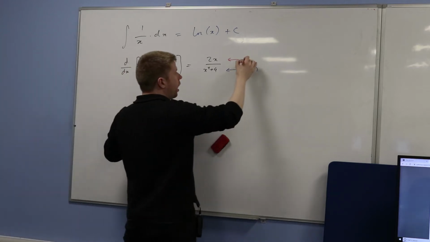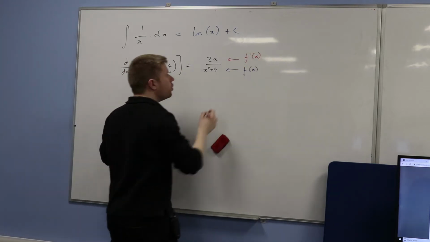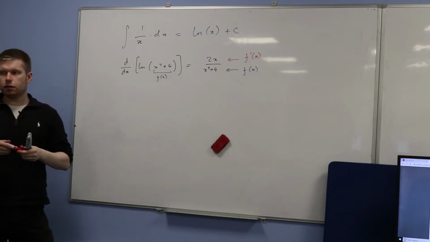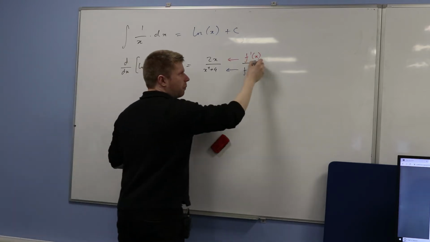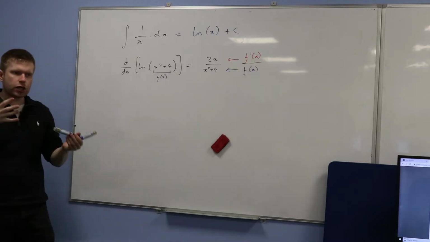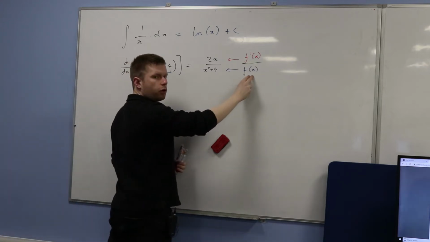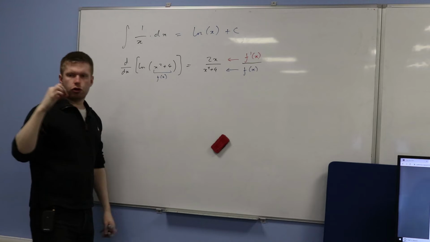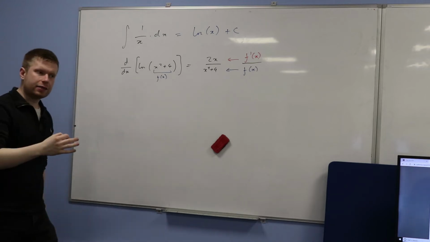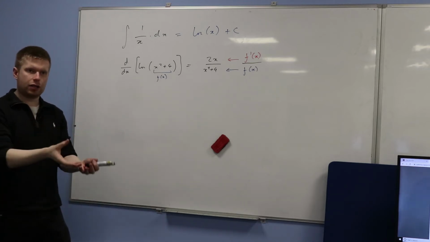Hence it ends up on the numerator. Does that make sense to everyone? So if I differentiate the log of some function, that should be equal to the function on the denominator and the derivative of the function on the numerator. Which means that I can use that fact when I'm doing my integrals.